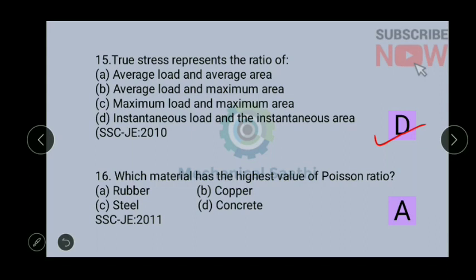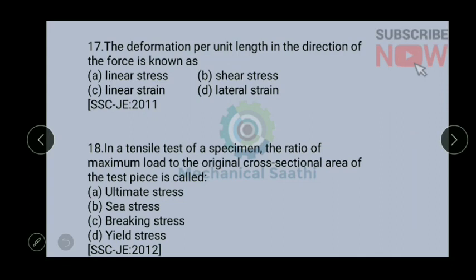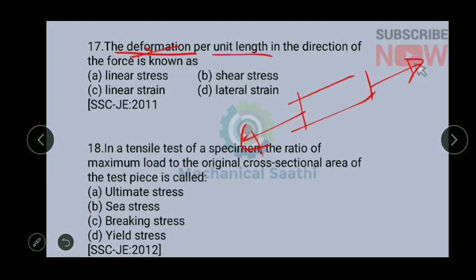Next, moving towards question number 17. The deformation per unit length in the direction of the force is known as what? Suppose this is any body and we are applying a tensile force. The deformation per unit length will be a strain.